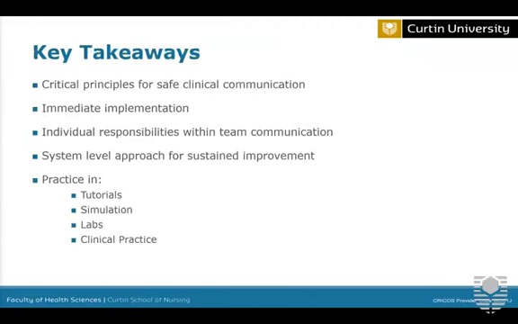So the key takeaways are: make sure your critical principles for safe clinical communication are applied. Adopt the immediate implementation of safety, individual responsibilities within team communication, and if you don't understand what is required or what's going on, it's important to raise that within that team communication, and that team will come back to you.